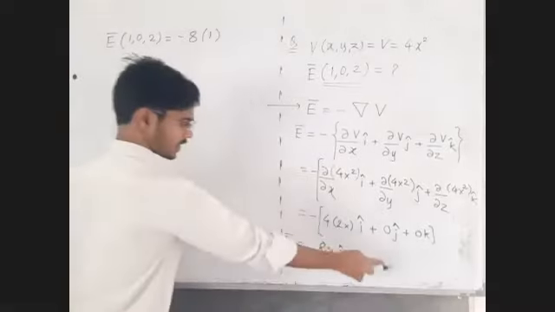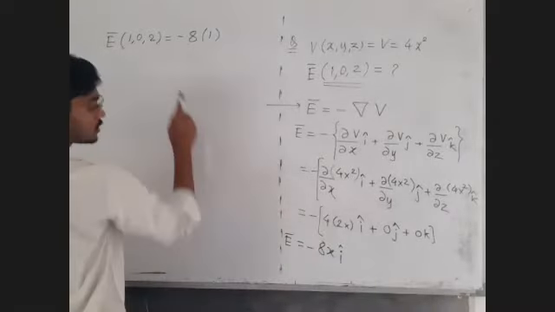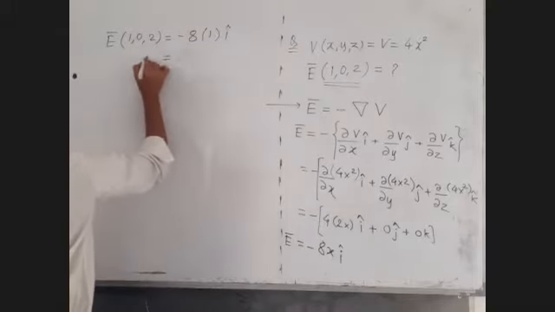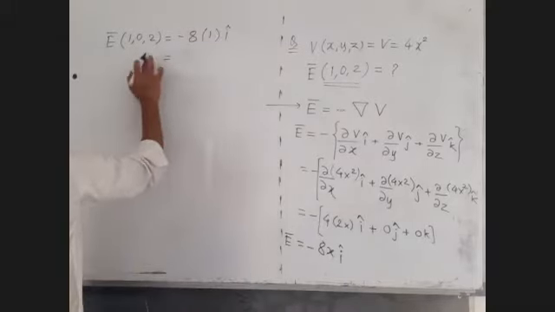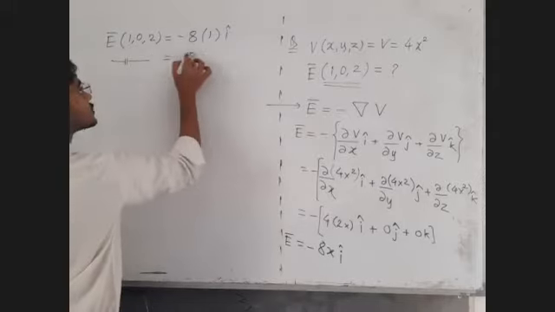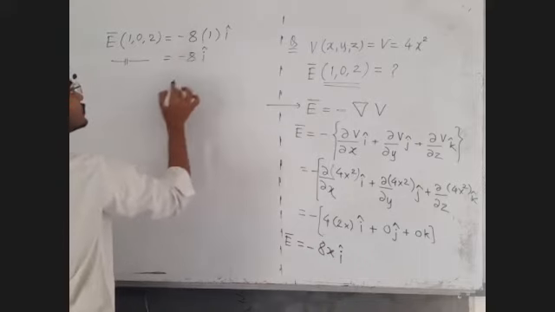But y and z terms are not present, only x is to be replaced. This i cap as it is. So this is your electric field at the particular point. It is minus 8 into i cap.